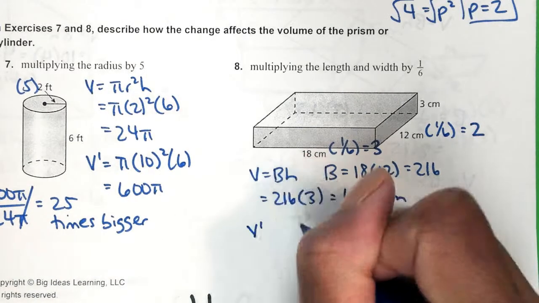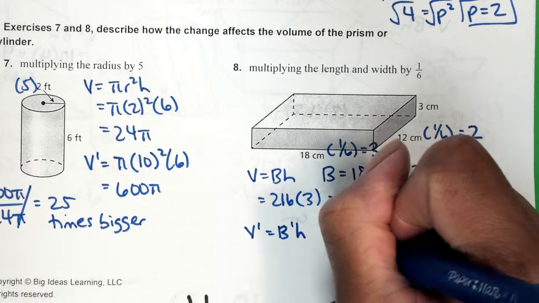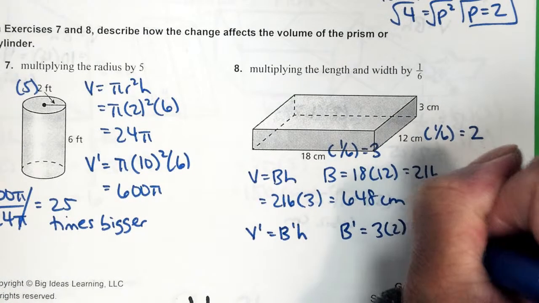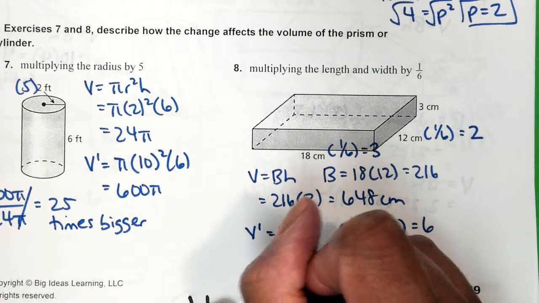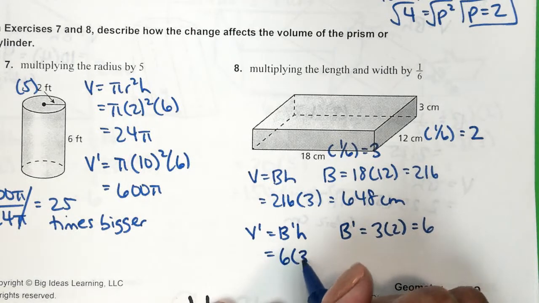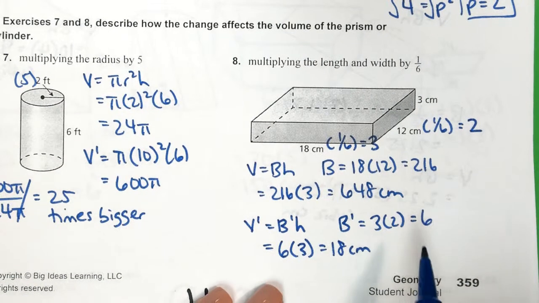So for my new volume, the new base area is going to be 3 times 2, which gives me 6. So base area 6 times the height, which is still 3, gives me 18 cubic centimeters. Because it's a fraction, I am decreasing.